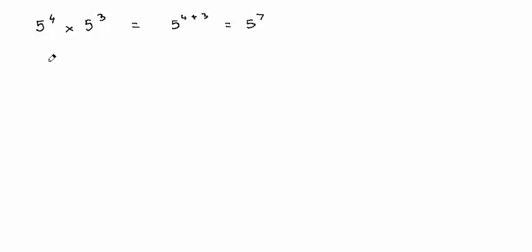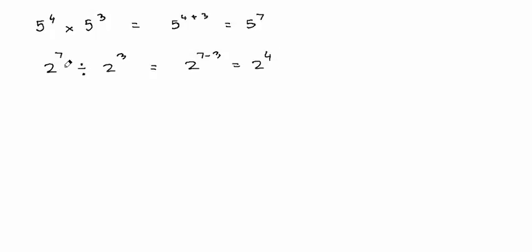If we have 2 raised to the 7th divided by 2 raised to the 3rd, this is going to be equal to 2 raised to the, same base, different exponents, division, 7 minus 3, which is 2 raised to the 4.